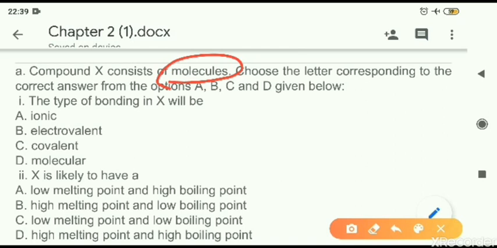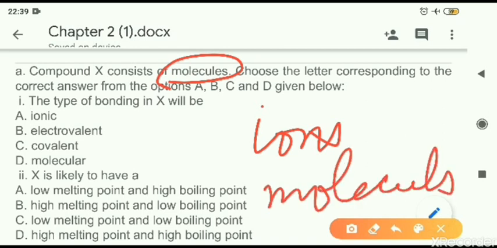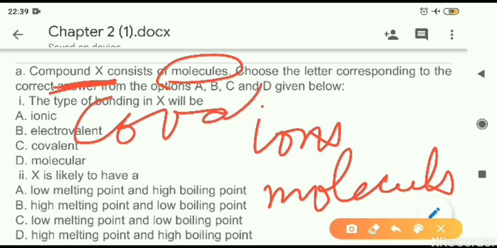In the properties of covalent and ionic compounds, we have seen that ionic compounds have ions and covalent compounds have molecules. So if molecules is written, that means compound X is covalent in nature. This is how you have to apply your knowledge. If ions were written, then we would say it is an ionic compound. Molecules is written, so it is a covalent compound.